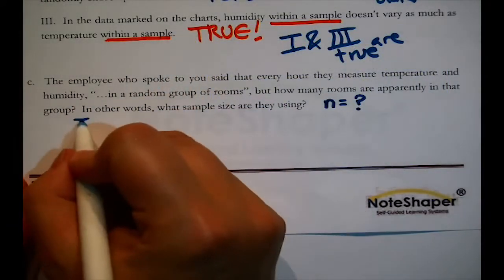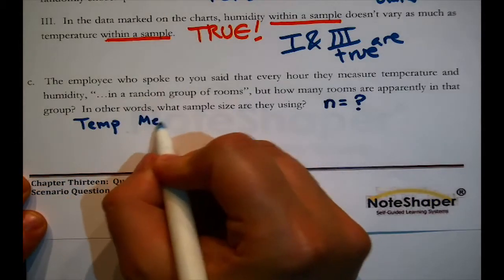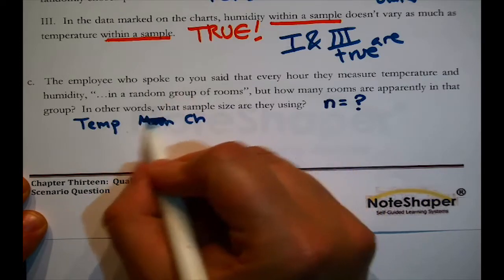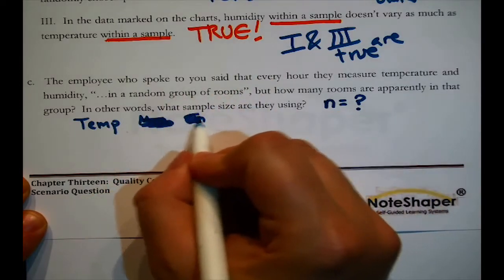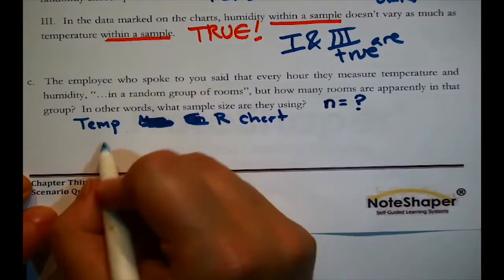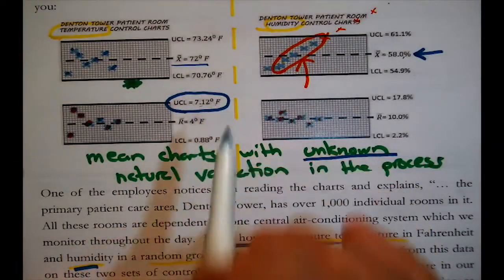I'm using the temp mean chart. Actually, temp range chart. Temp R chart, upper control limit. You could use any of them. You just have to use the appropriate formula.